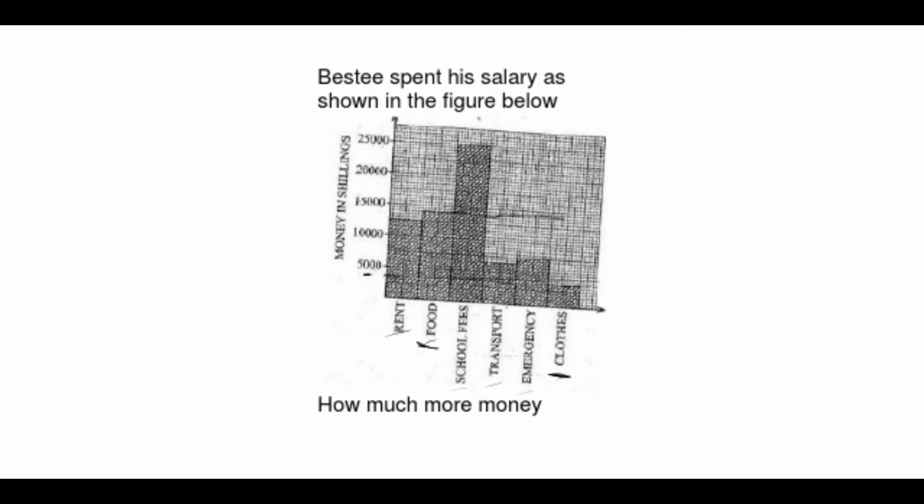So for food we have up to this point, that is the amount of money that is spent. Up to here we can clearly see that we have 10,000 shillings, and then we have 1, 2, 3, 4, 5, 6, 7, 8. So we have 10,000 shillings and 8 small squares, which we are going to convert into money.